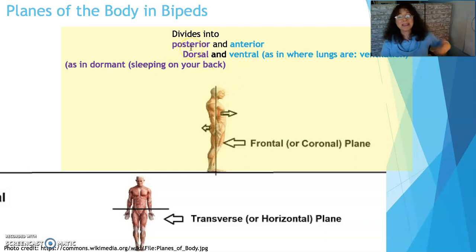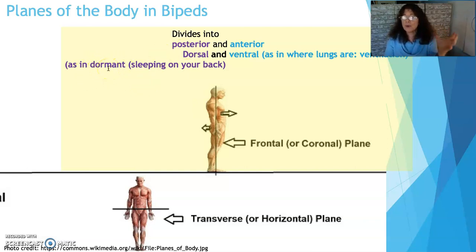The back is the posterior. That's pretty easy to remember, anterior and posterior. You'll often hear it called, especially in animals that are not human, dorsal. How are you going to remember it's dorsal? Remember this, that is related to dormant.